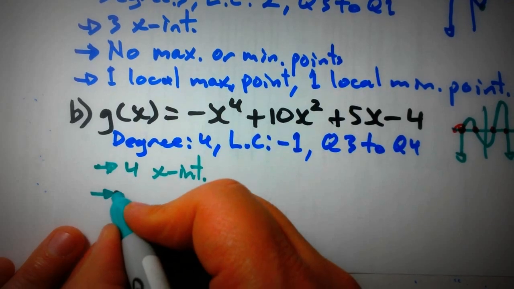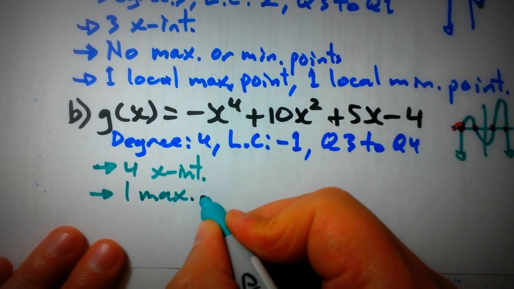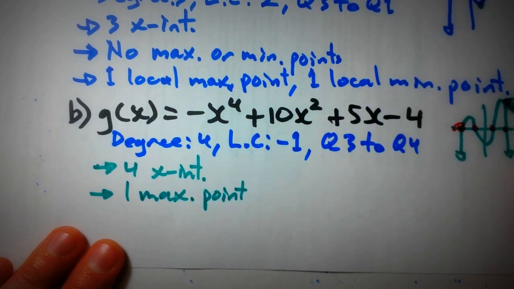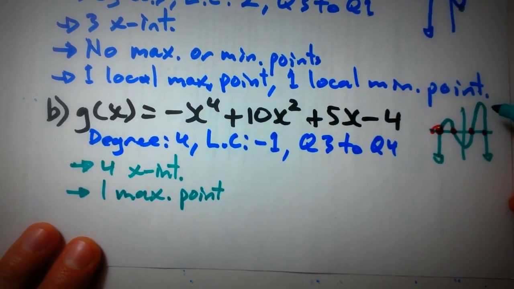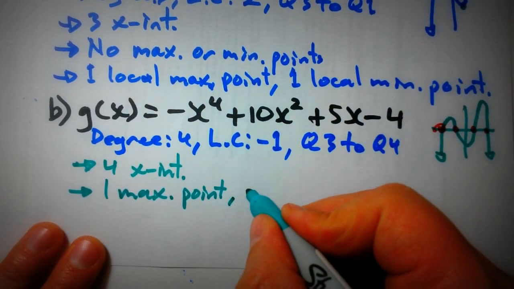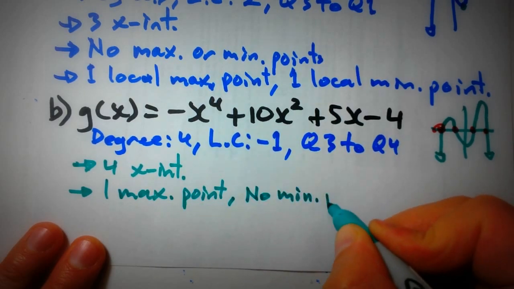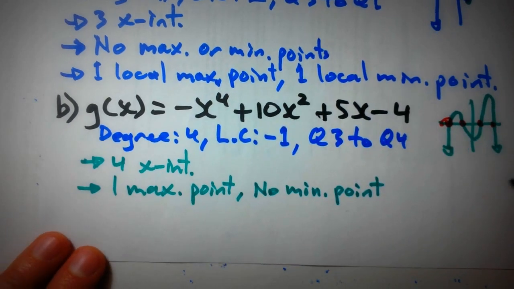So there's one maximum point, and by the way, this happens to be the absolute maximum point of this function, whereas there's no minimum point. So there's no absolute minimum because these keep on going all the way to infinity.